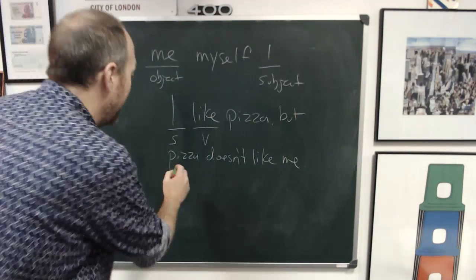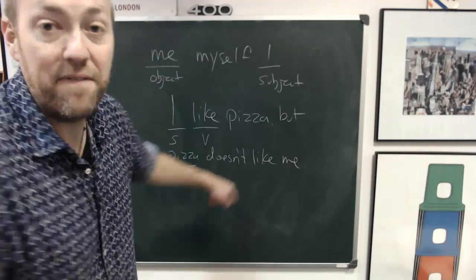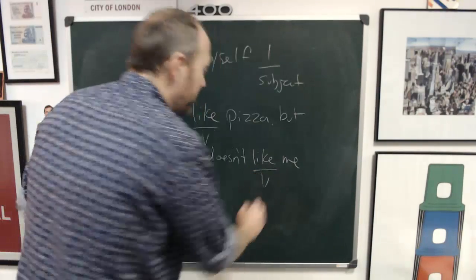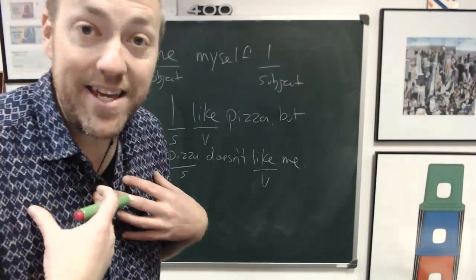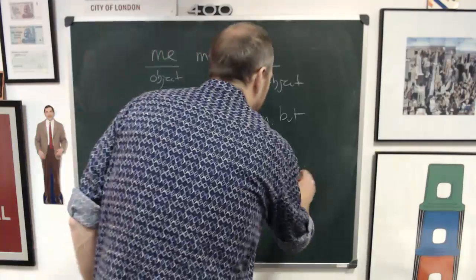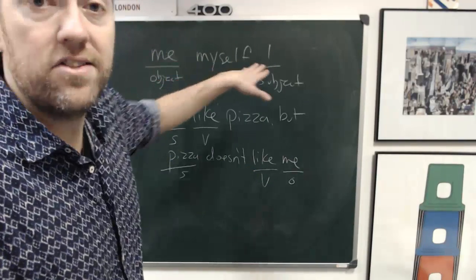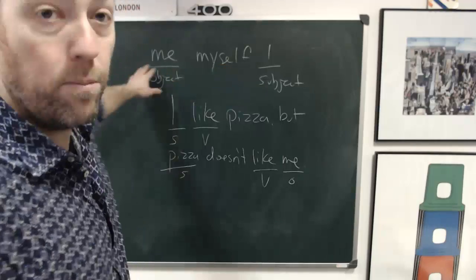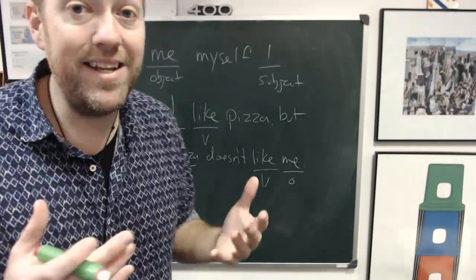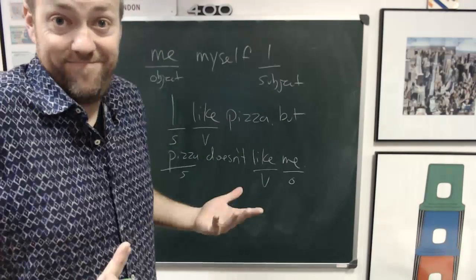Here the subject is pizza and the verb is like. And me, Christian, I am the object of the sentence. So we have subject pronoun and object pronoun.